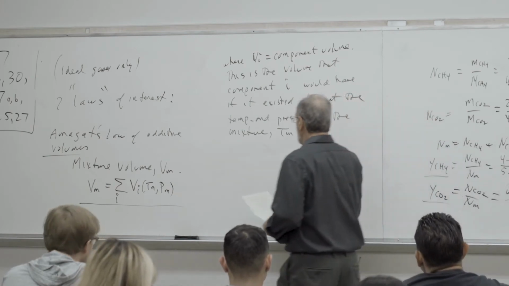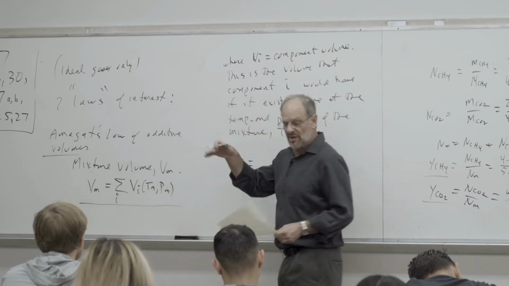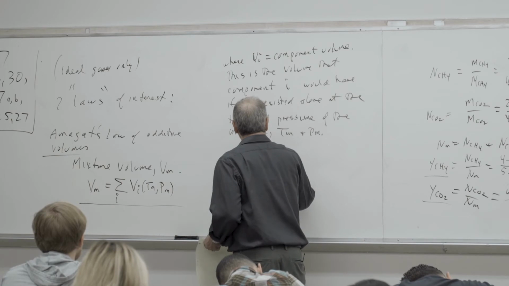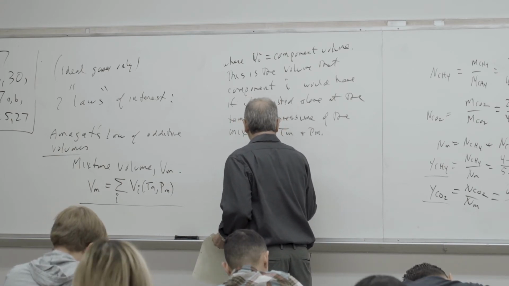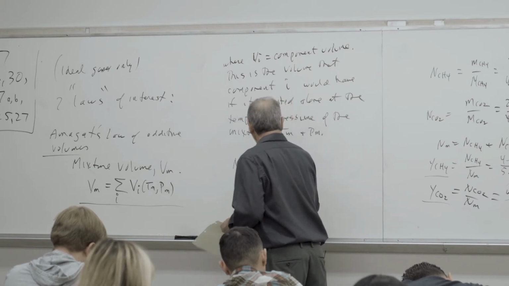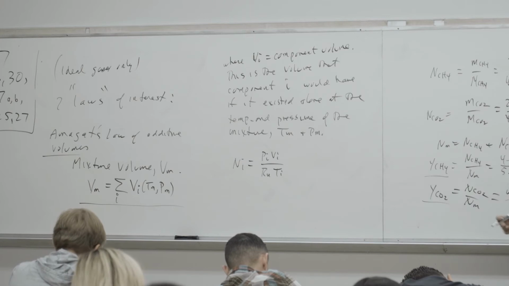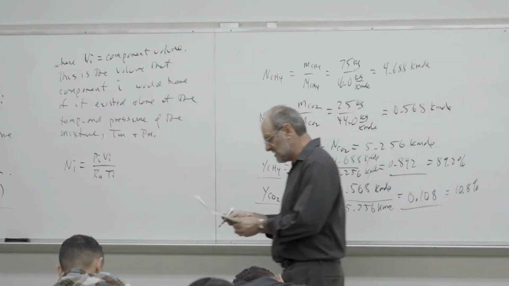Now, we will note that we're talking about ideal gases, so I'm going to continue this and develop some new equations from that law. We know that for an ideal gas, PV equals nRT. So we'll just write this as the number of moles of component i is just going to be PV over R universal times T, right? That's just the ideal gas equation of state.